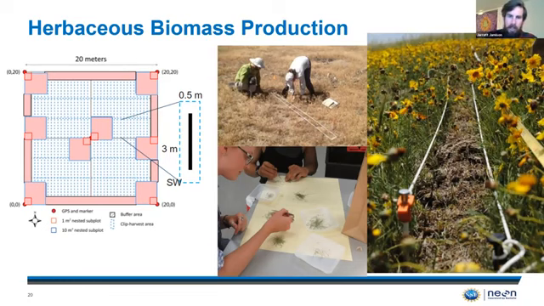And you can see one of our clip strips delineated here in some of these pictures, which are 10 centimeters by 2 meters. And then we have another photo here of some technicians sorting some samples there.